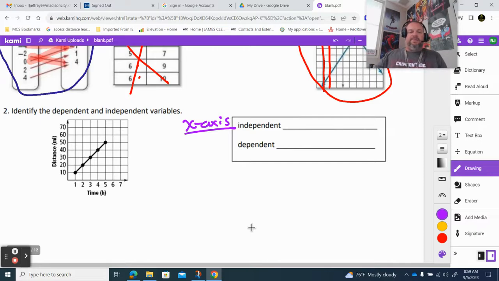Our dependent is going to be our y axis or values. So what is on the x axis for number two? What is on the y axis for number two? Distance.